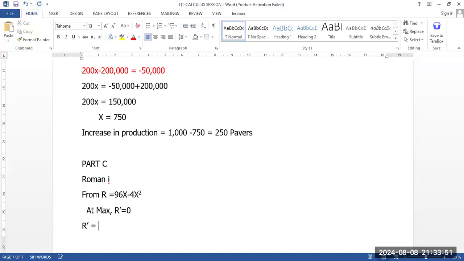We differentiate this. If you differentiate 96x, what do you get? It's 96 minus 8x.